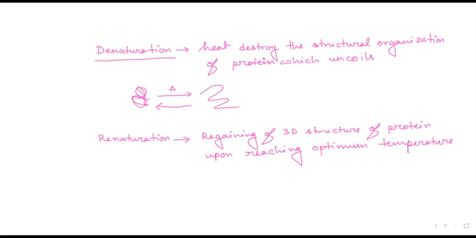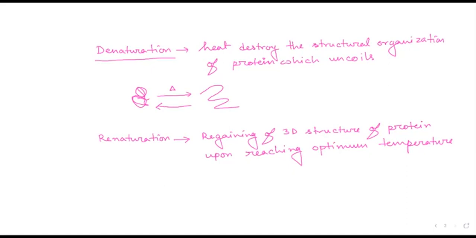Why then is there destruction of protein structure? For example, if you are boiling an egg, I know that many of you are vegetarian and never observed boiling of egg. But if you had, you would see that the liquid part of the egg is converted into a solid part, and its structure is changed.